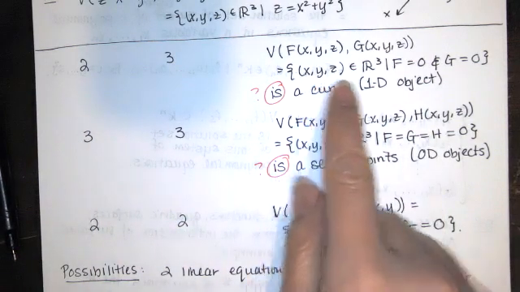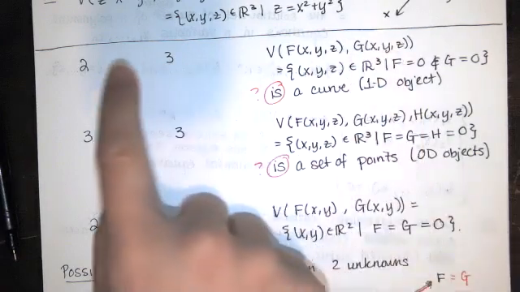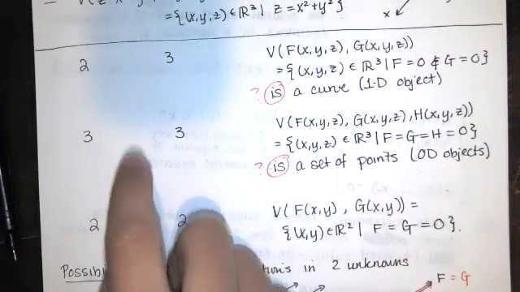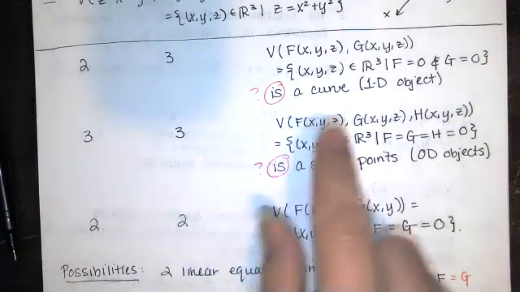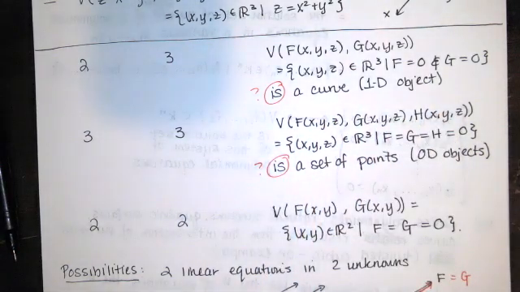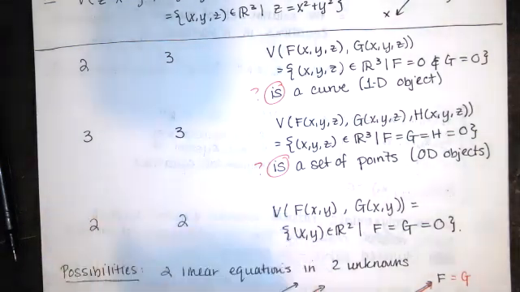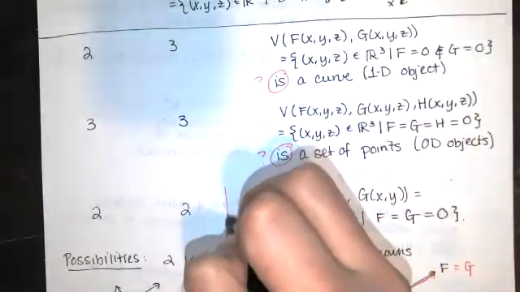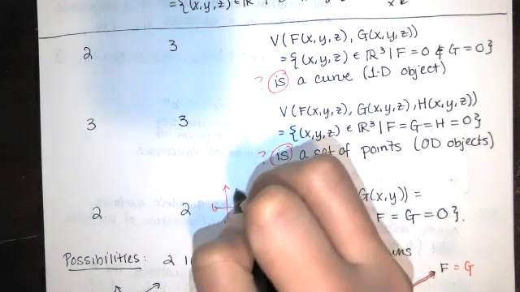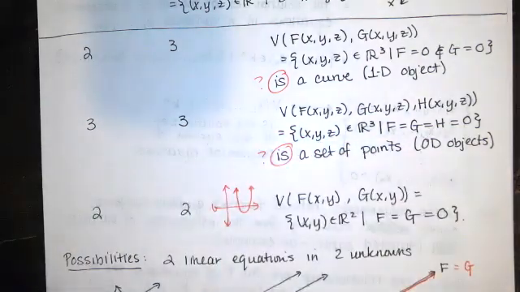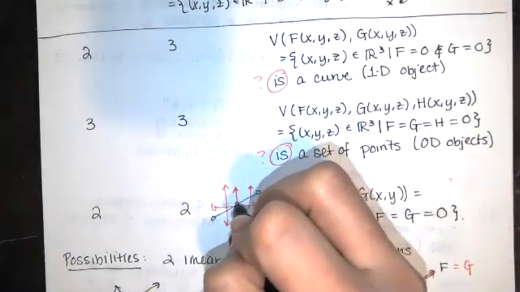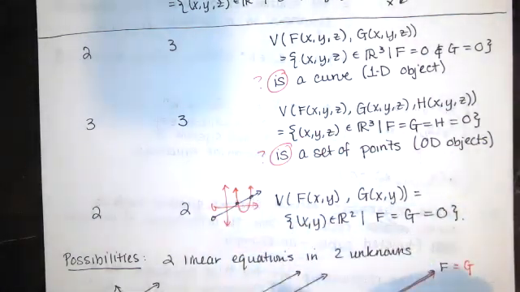If I've got a surface here and a surface here, when the 2 surfaces intersect, I get a curve. Or if I have a surface and a surface and a surface, like those 3 planes that I was talking about, I might get a single point. Or if I have a line and a line, or a function of 2 variables and a function of 2 variables in general, maybe you just have a parabola and a line. You could get 2 solutions.